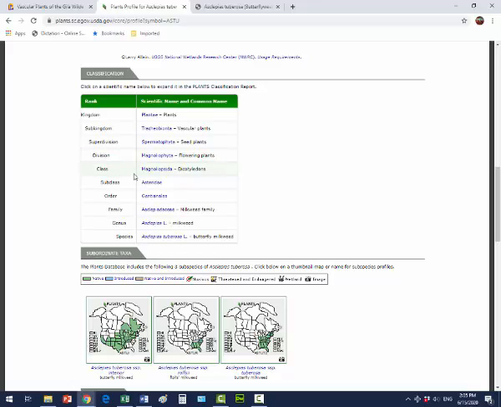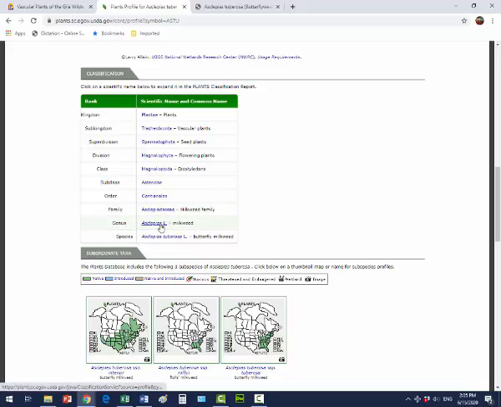The class, these are the dicotyledons. In other words, the eudicots; the monocots aren't here. They're in a different class. The subclass Asteridae, order, family, very important: all plant families end in -aceae.